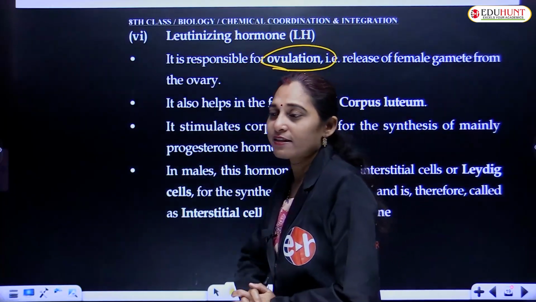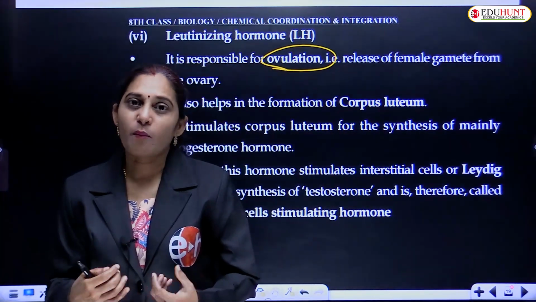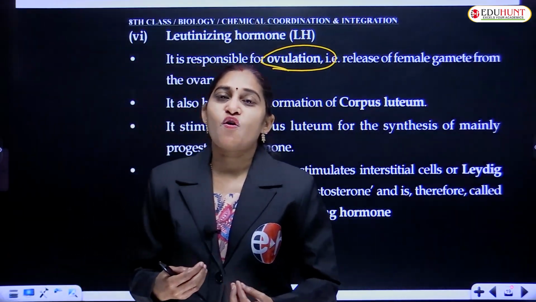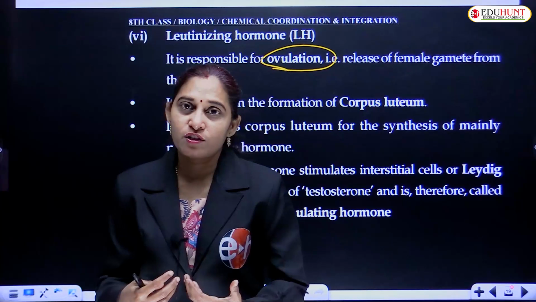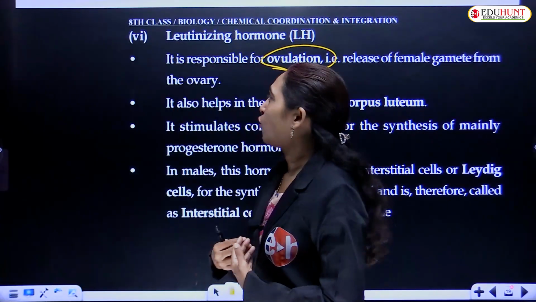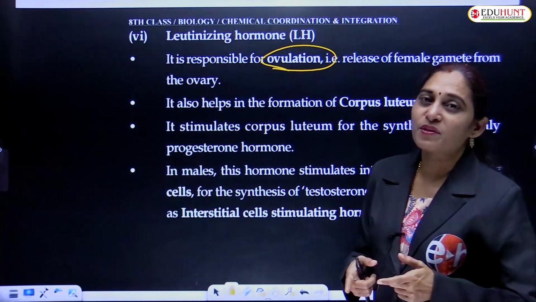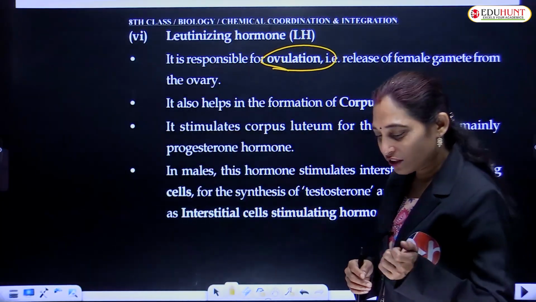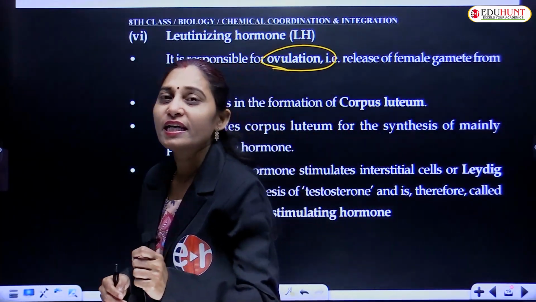Genesis means formation. Oogenesis is the formation of ova, that is eggs. But ovulation is the release of the egg from the ovary. After formation of the egg in the ovary, it should be released.